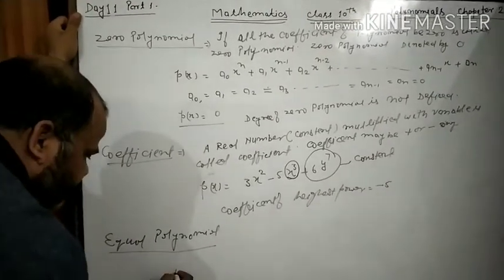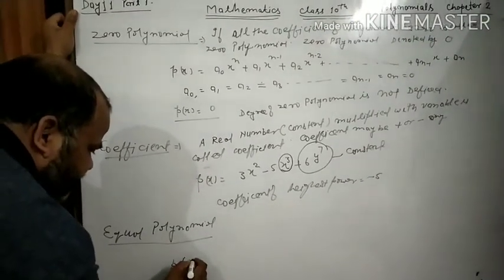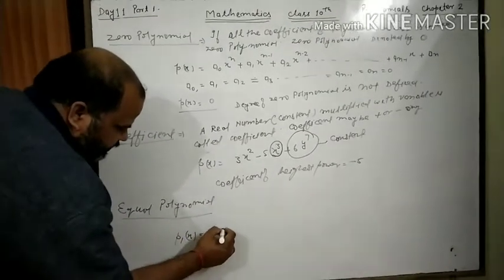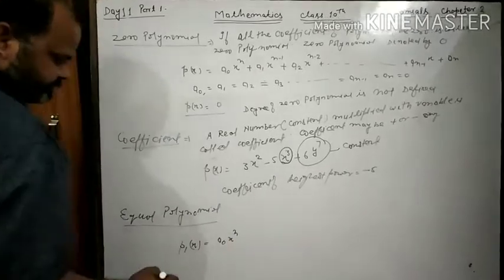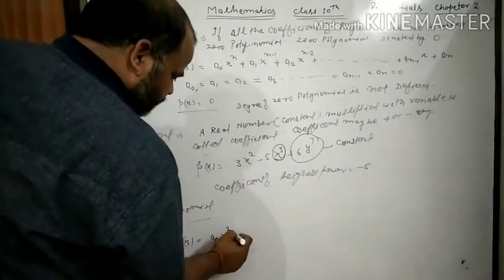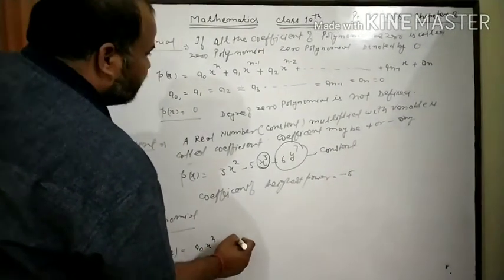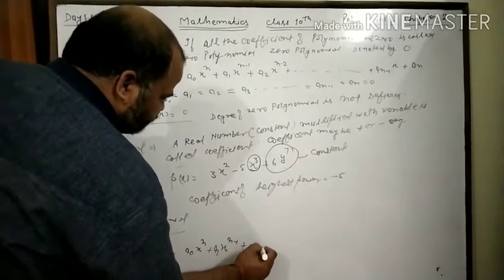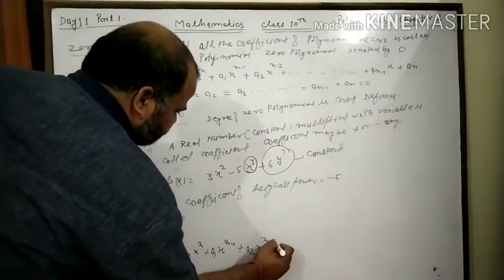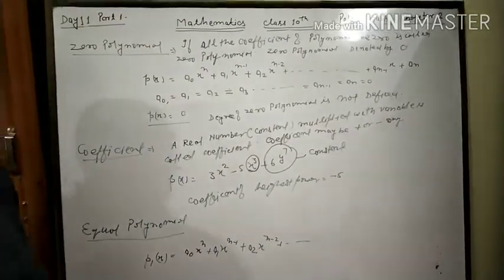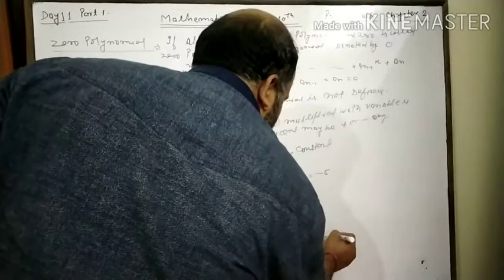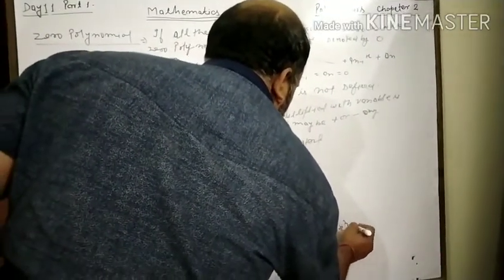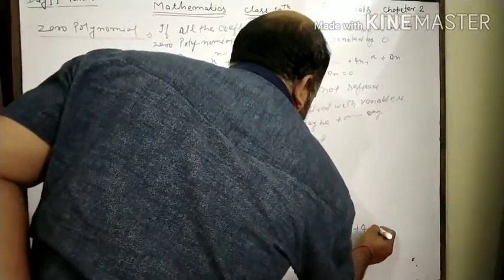One polynomial is p1(x) equal to a0 x to the power n plus a1 x to the power n minus 1 plus a2 x to the power n minus 2 and so on plus a(n minus 1) x plus an.